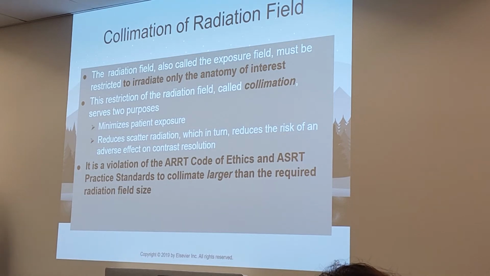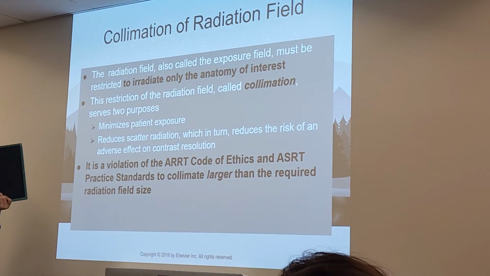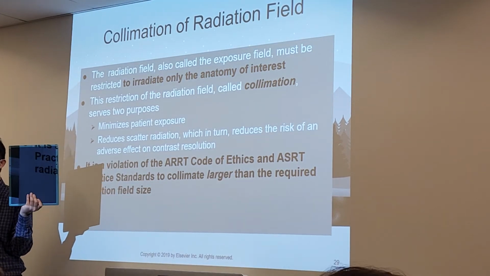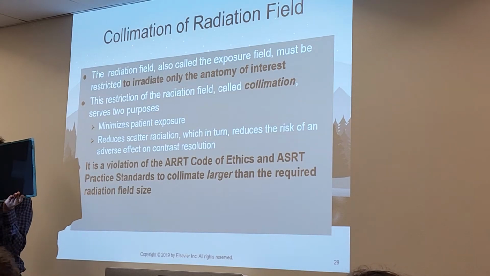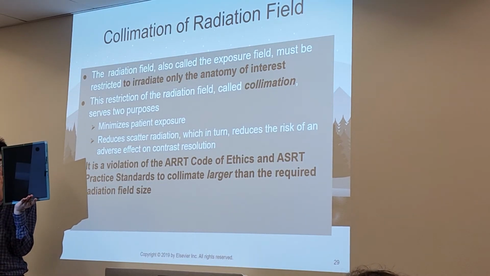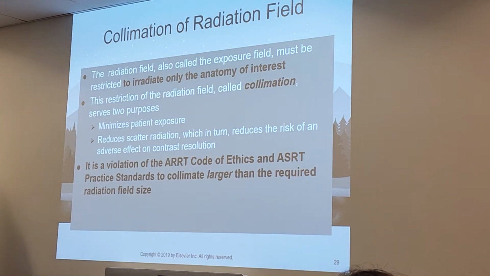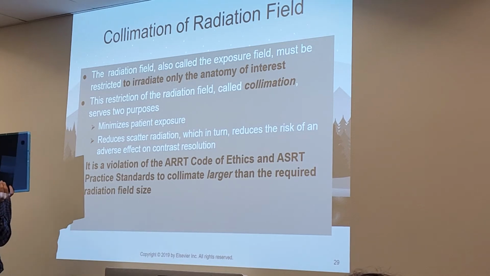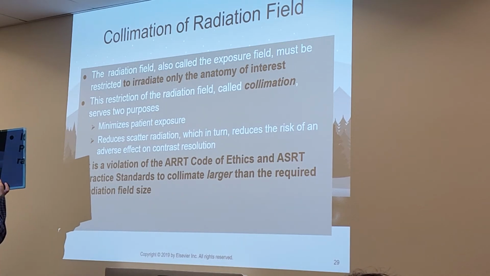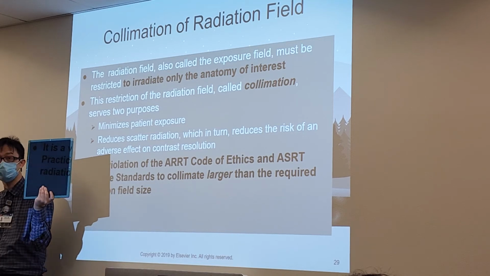So, for example, if I have my IR here, and what is the name of this IR? It is a PSP, but this is a 10 by 12, right? If my collimation field, my light, was 14 by 17 when I'm using this, that would be a violation.